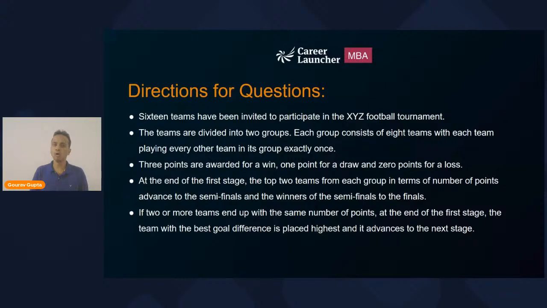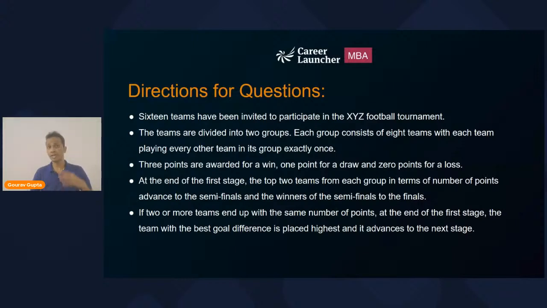Now, the last statement: if 2 or more teams end up with the same number of points at the end of the first stage, we have some criteria to resolve the tiebreaker. This is a very general statement that will be given in this type of questions. So if 2 or more teams end up with the same number of points at the end of the first stage, the team with the best goal difference is placed highest, and it advances to the next stage. So basically, from the 2 groups, group 1 and group 2, having 8 teams each, only 2 teams will be selected for the semifinals.